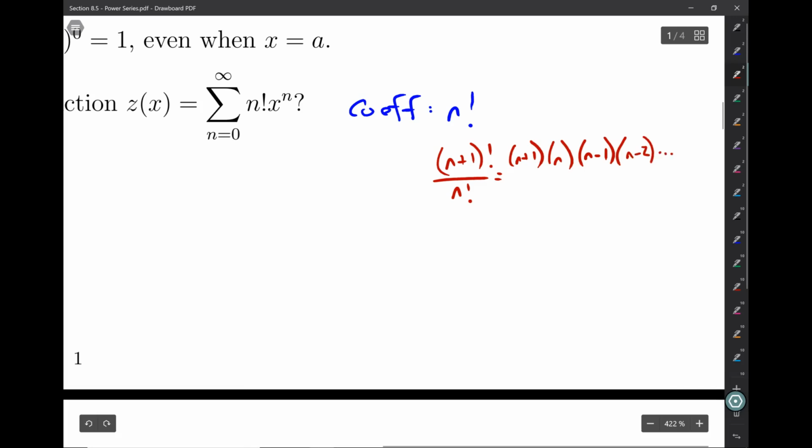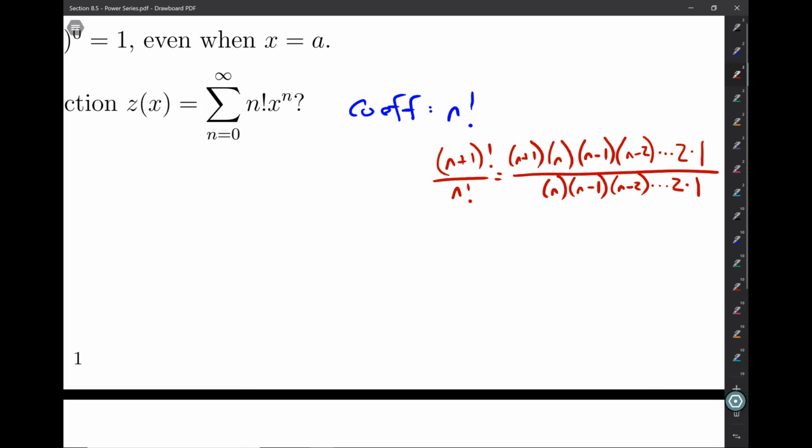And then we continue this process until we are left with 2 times 1. In the denominator, we have n factorial, which says start with n, and then multiply by n minus 1, and then by n minus 2, and we continue that pattern until we get to 2 and to 1.